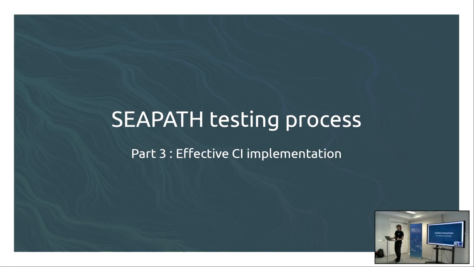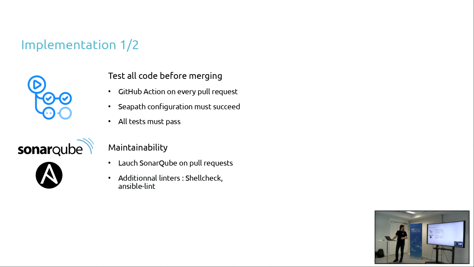Now that I have described everything, let's talk about the effective CI implementation, how we do that, in fact, on SEAPATH. All SEAPATH code is available on GitHub, so we just use GitHub Actions to launch our CI. The goal is to test all the code, so we run it on every pull request that we or a contributor make on SEAPATH.